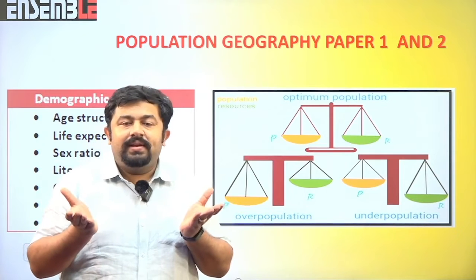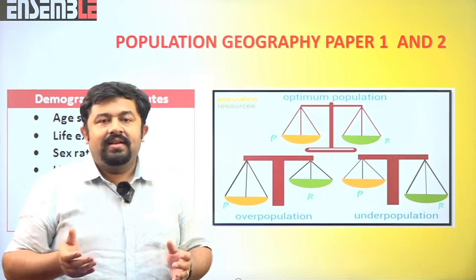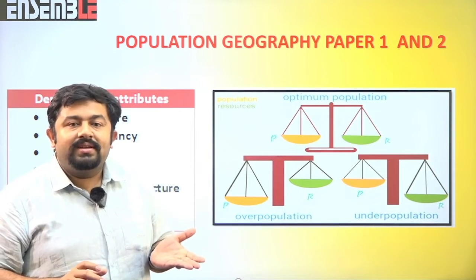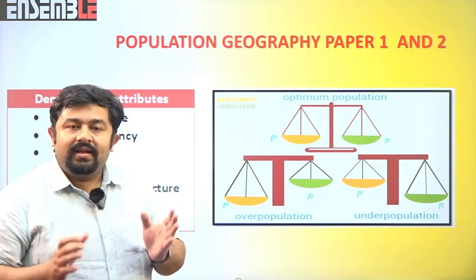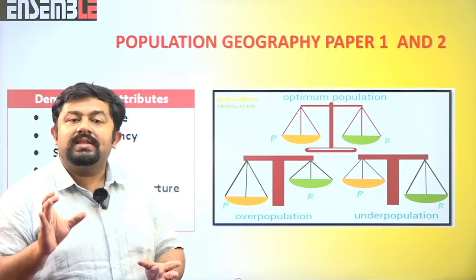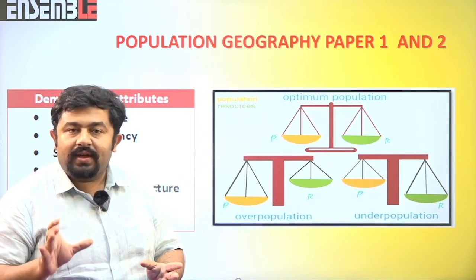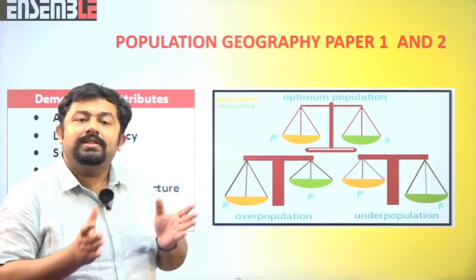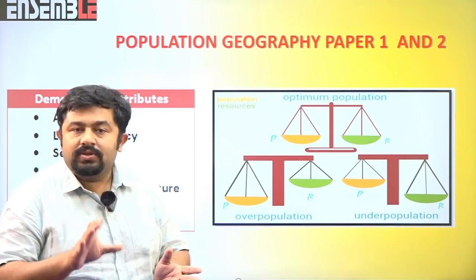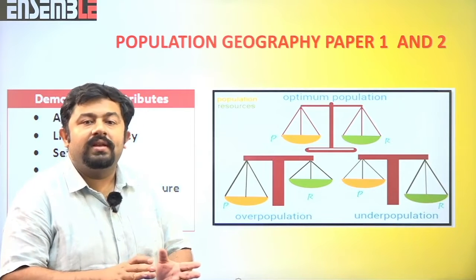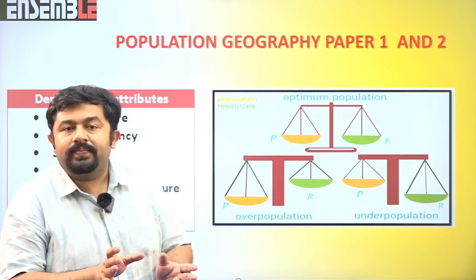The balance has been, it's imbalance in fact. There's more of population and less of resources. That means according to the resources available at that moment of time, the population is much bigger. Hence, there is a scarcity of resources with respect to that population. That will be called overpopulation.